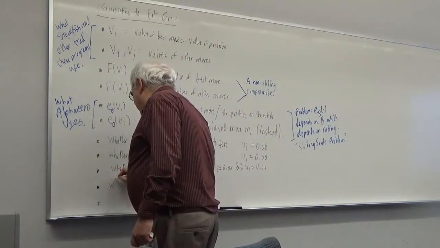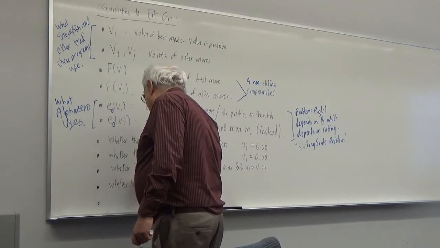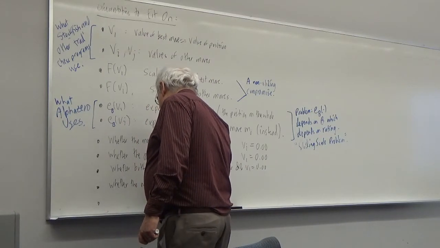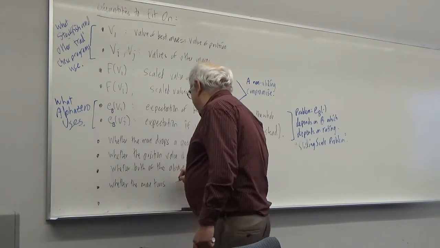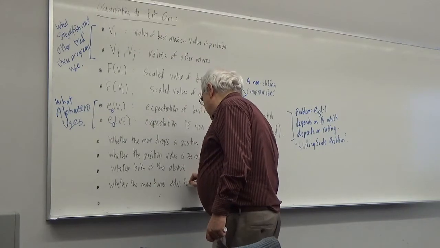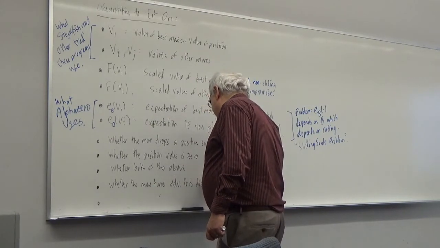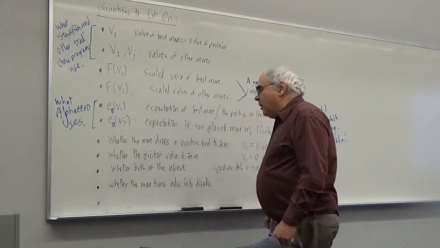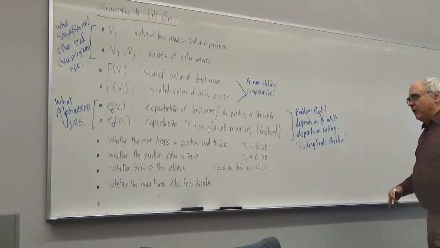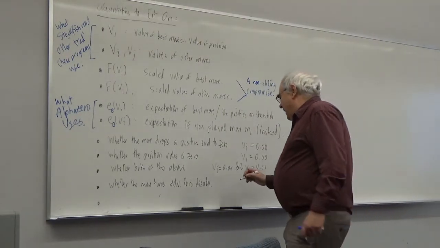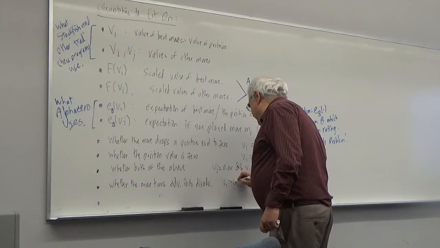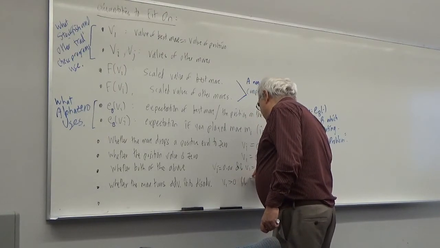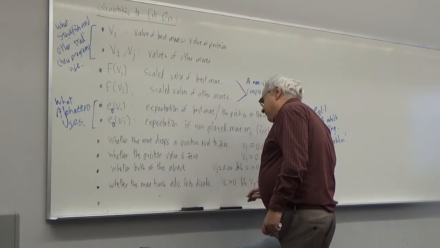Then there's whether the move turns advantage into disadvantage. So whether it goes all the way through 0, okay, and that's V1 greater than 0 and Vi less than 0.